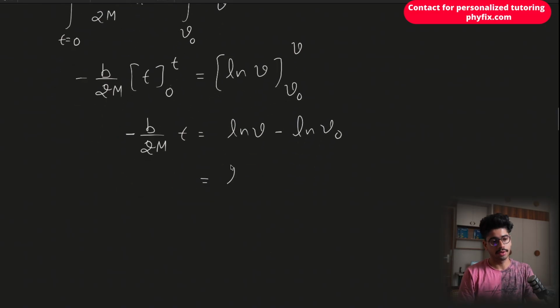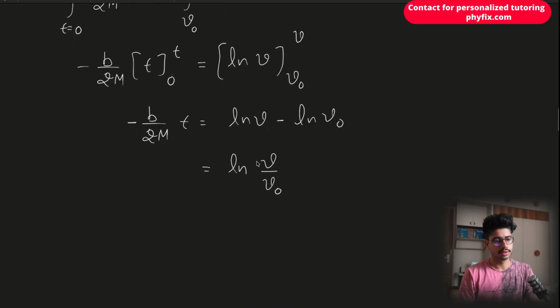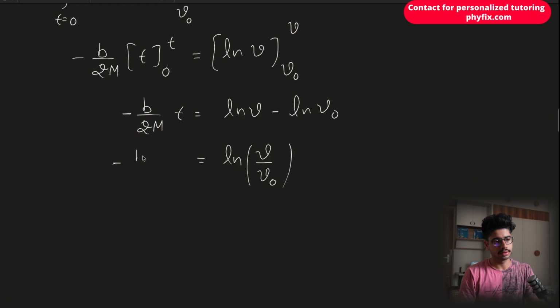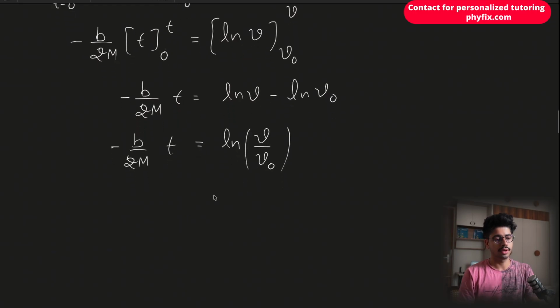Applying the ln properties, you can write it as ln of v by v0 equal to minus b by 2m into t, and then taking the ln to both sides, you can change it to the exponent. So v by v0 equals e power minus b by 2m into t.